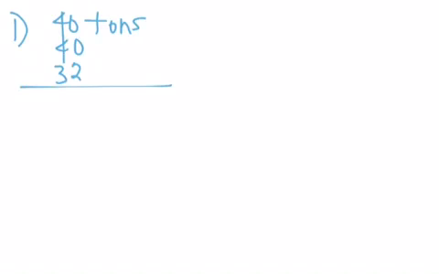So if you look at week 2, you have 40 tons, and 32 tons. Well, when you're finding the average, that means to add those together, and then we have to divide by 3 because that's how many we have. So that would be 37.3 tons.